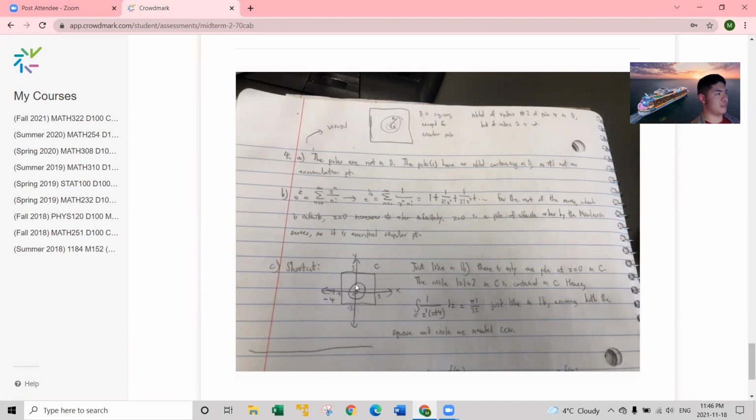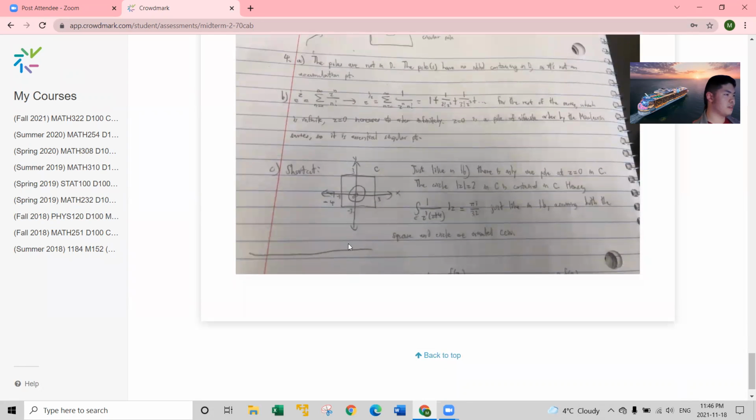So because the circle of radius 2 is also within C, and since this value was pi i over 32, this value will also be pi i over 32.